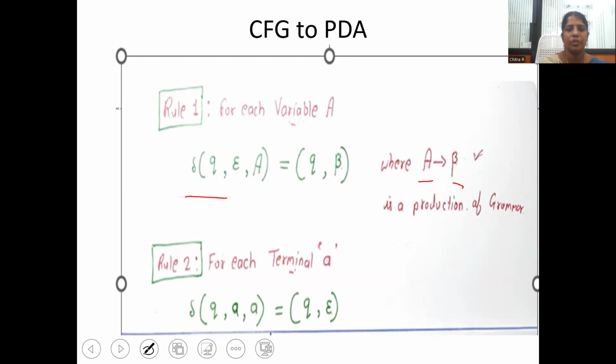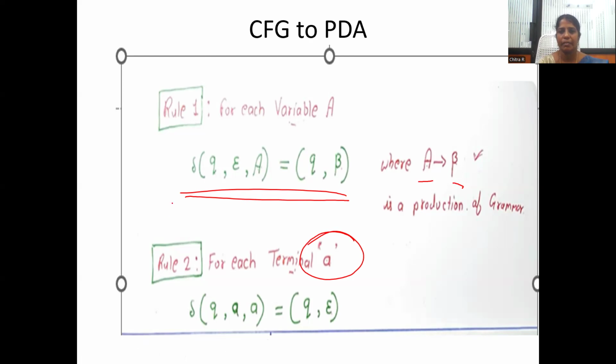This is the first step, and for all productions we should write this one. And for all the input symbols, that is for all the terminal symbols, we should include the rule: suppose a is the terminal, then we should write δ(q, a, a) = (q, ε). That is also another rule. We are following two rules to construct a pushdown automaton from the context-free grammar.